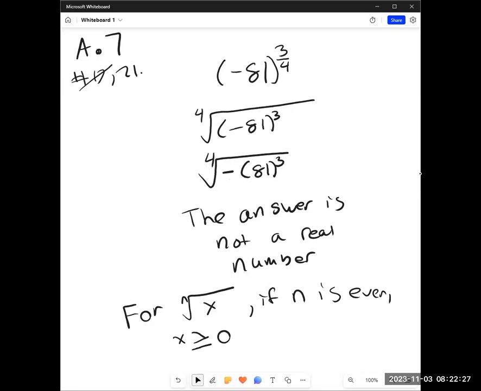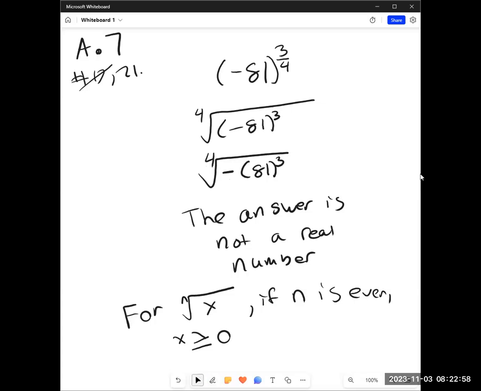That's going to be one of our rules for something we're going to call a domain later. One of our rules that we already probably know about domain is that we aren't allowed to divide by 0. And now the next thing we've learned about domain is that we can't take the square root or the fourth root or the sixth root or any other even root of a negative number.